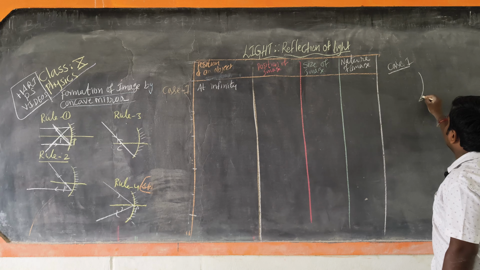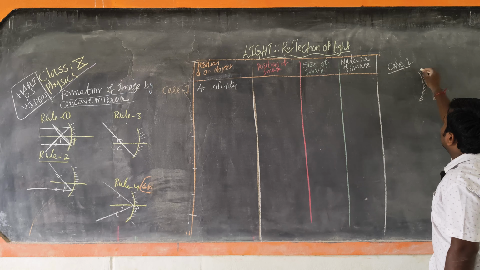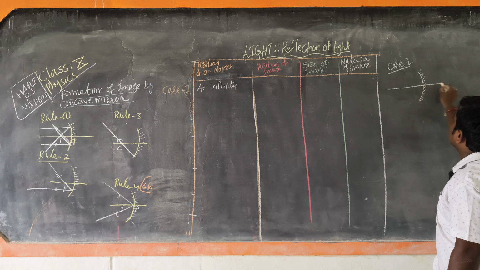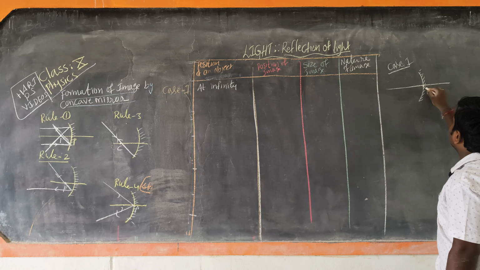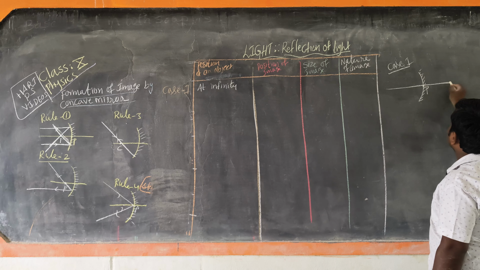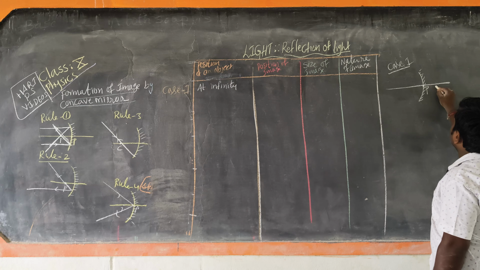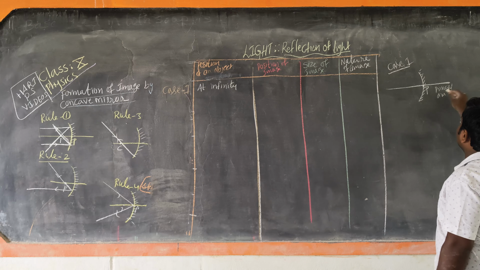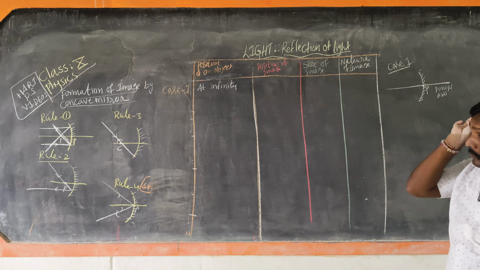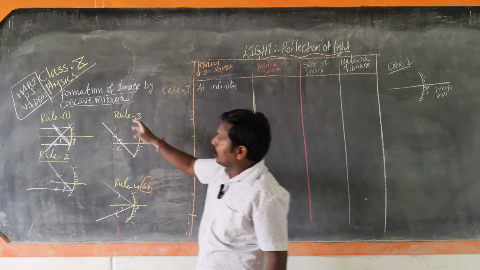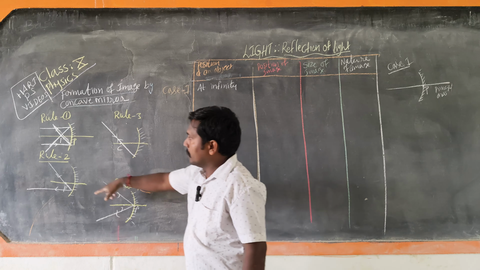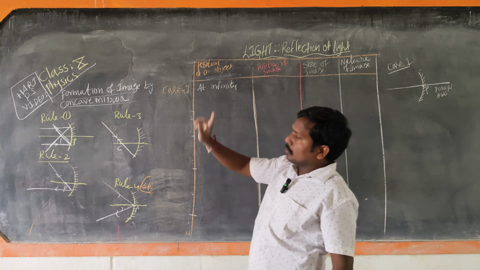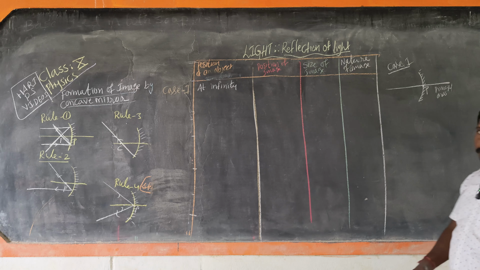A concave mirror. We know principal axis, pole. So we need to remember the rules also. We remember rule 1, rule 2, rule 3 and rule 4, which we already discussed.